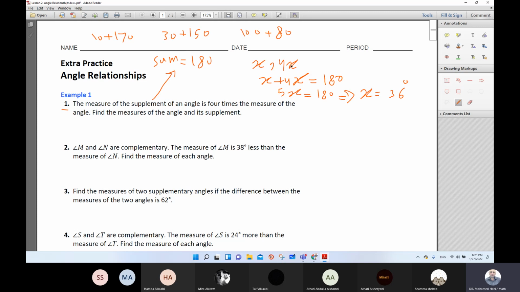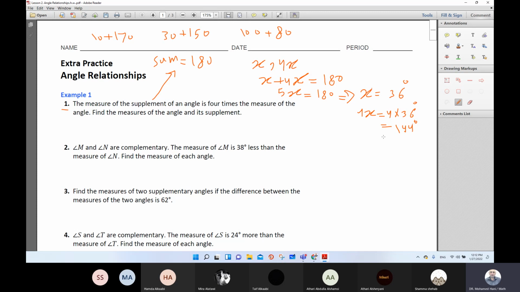The supplement angle for this angle will be 4x, meaning 4 times 36, which will be 144.